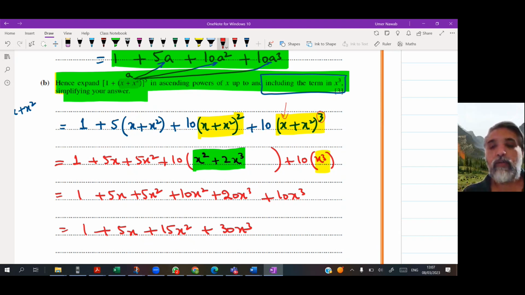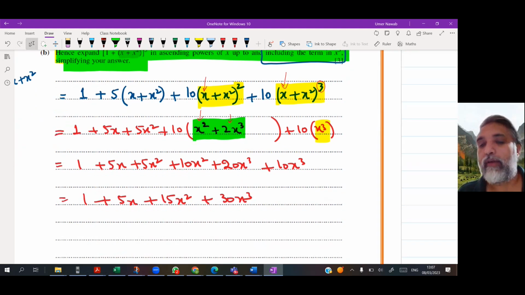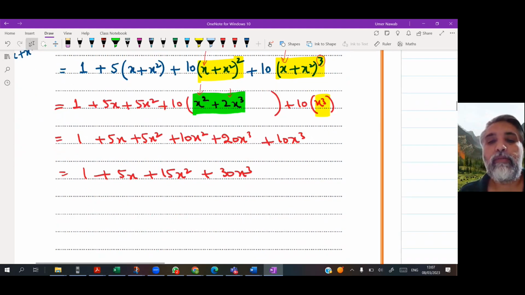That's why I just copied x cubed. But here, my first power starts with x squared. So I need to go to the second term, which is 2x cubed. So two terms in this expansion are needed. And I think it's not a big problem for the student to get the expansion of x plus x squared whole squared. I'm trying to save your time, guys, because it has 3 marks.